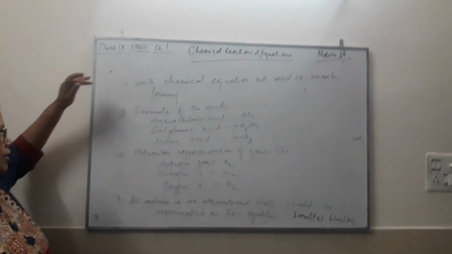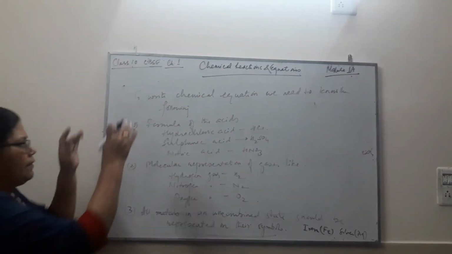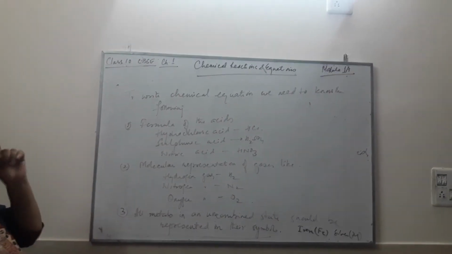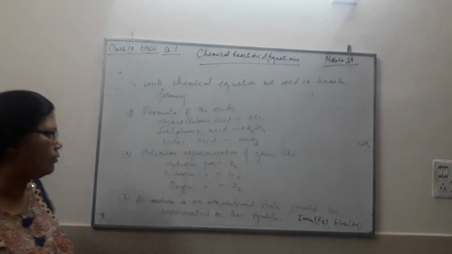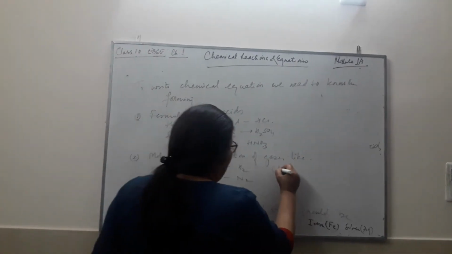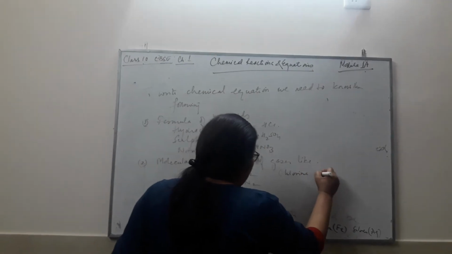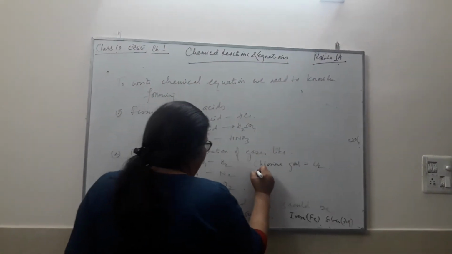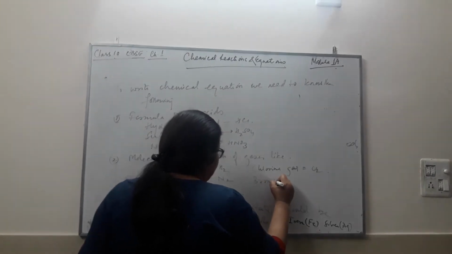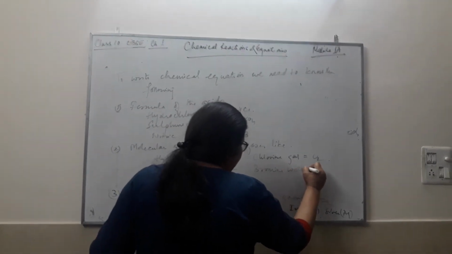These first three you should remember: the formulae of the acids, commonly used; hydrogen, nitrogen, oxygen gas, O2. In addition to that, you can also have chlorine gas, Cl2, and bromine water, Br2.